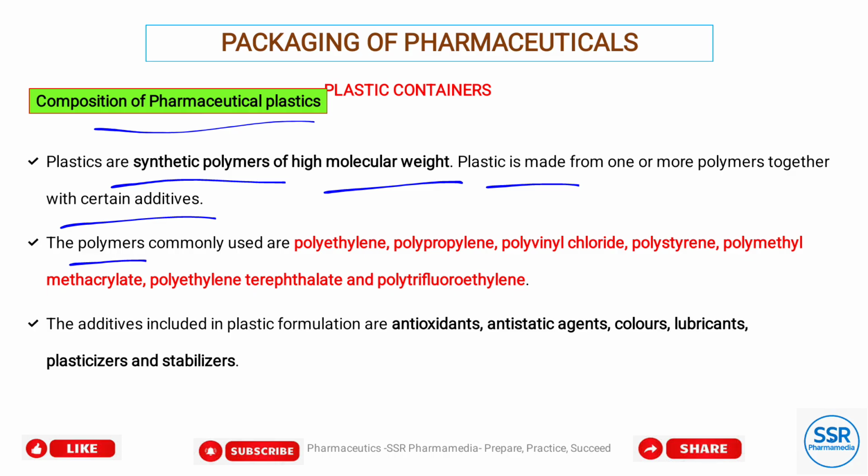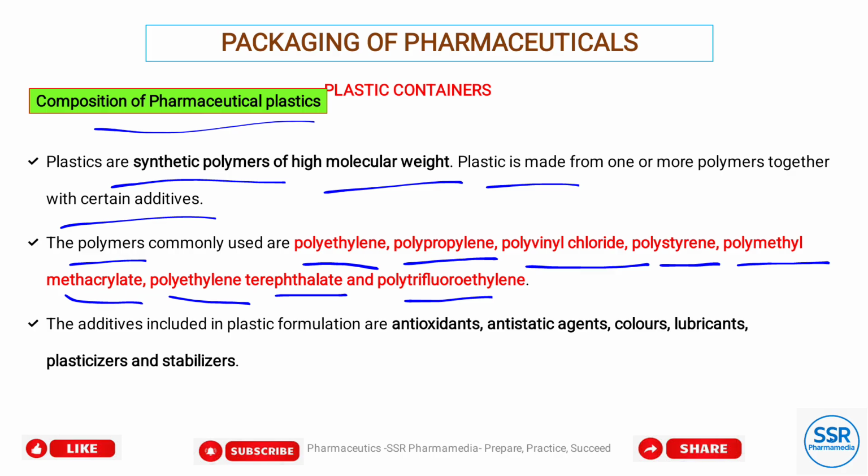The polymers commonly used are polythene, polypropylene, polyvinyl chloride, polystyrene, polymethyl methacrylate, polyethylene terephthalate, and polytrifluoroethylene. The additives included in plastic formulations are antioxidants, anti-static agents, colors, lubricants, plasticizers, and stabilizers.